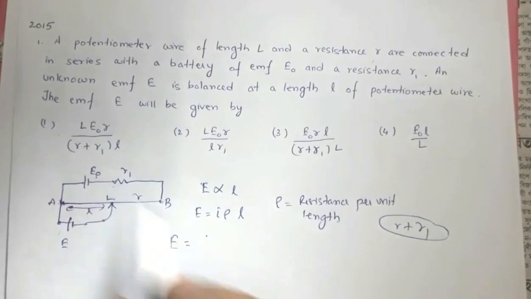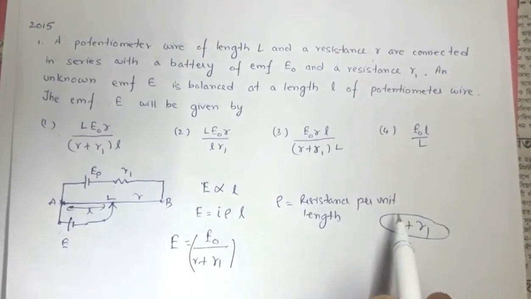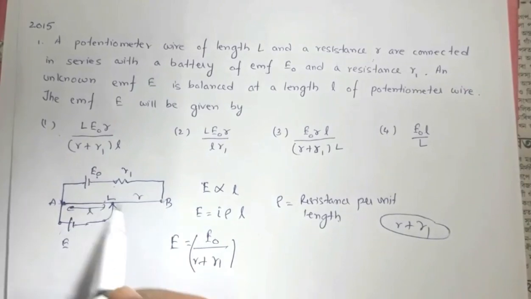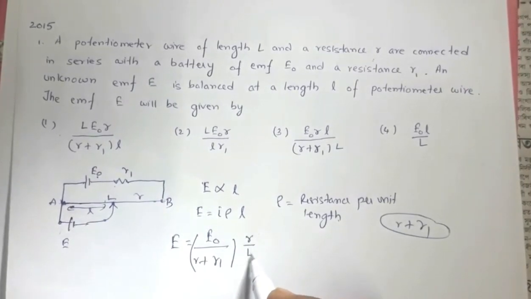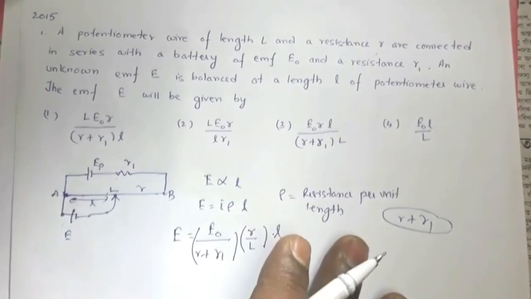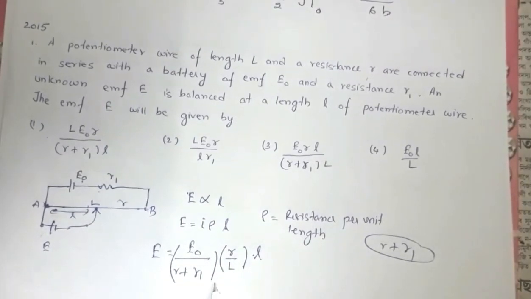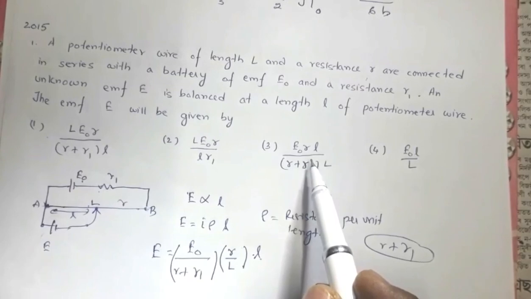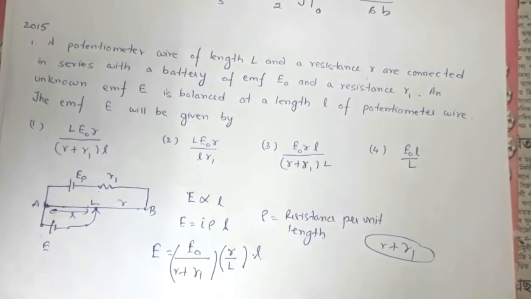So the current will be E0 divided by R + R1. And what is rho? Rho is resistance per unit length. The total length is capital L and the total resistance is small r, so resistance per unit length will be r/L, into this small l. So this is the EMF. Now corresponding to the options, option 3 matches with this, so option 3 is the correct answer.